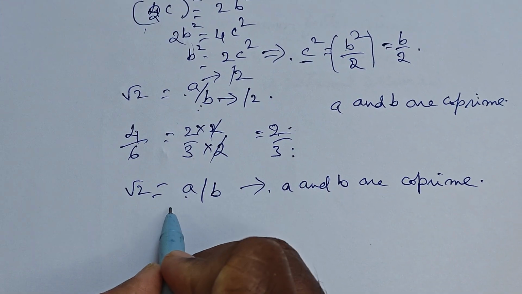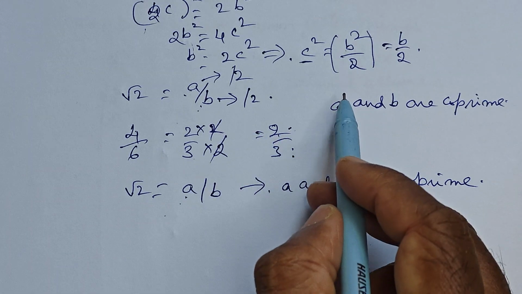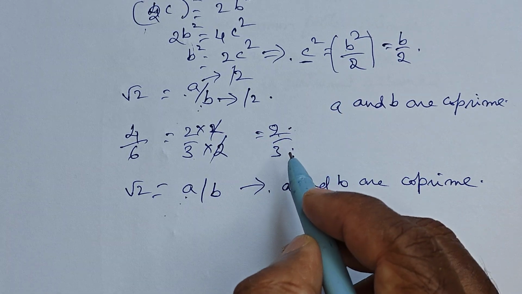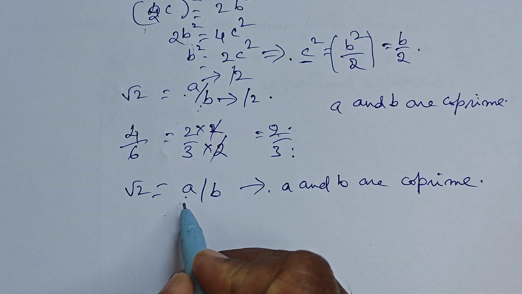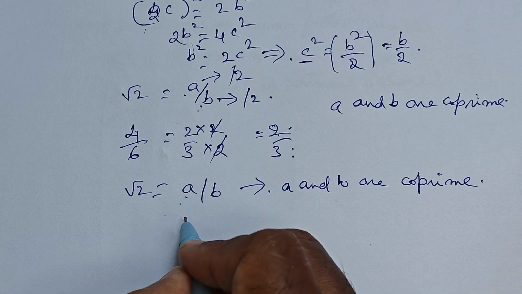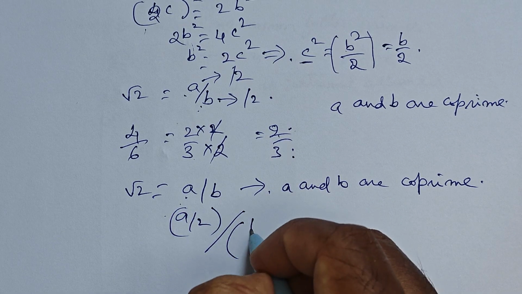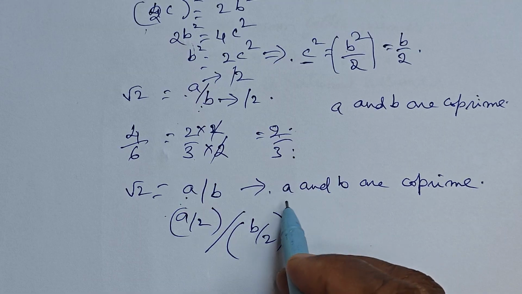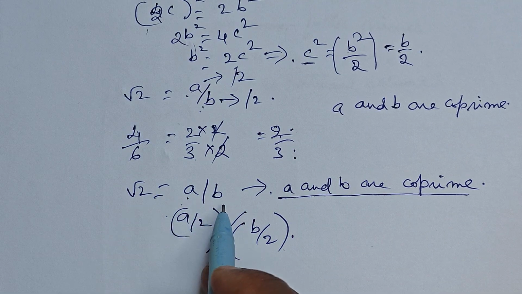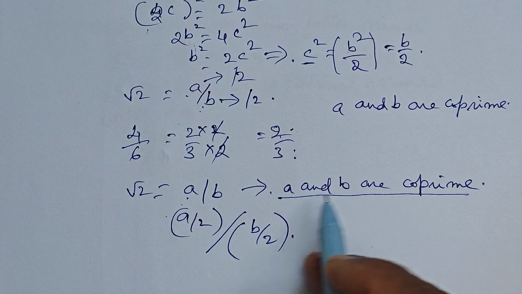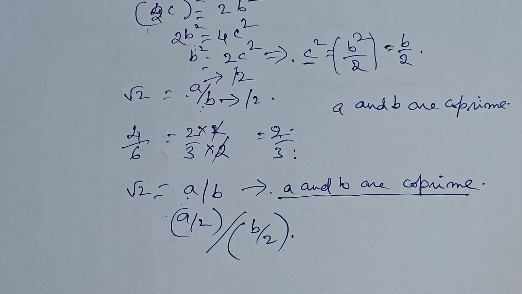when we come back to this particular point, in the above formula, we are getting a and b are both divisible by 2, a by 2 and b by 2. But when we assume root 2 is equal to a by b, a and b are co-prime and they do not have any common factors.